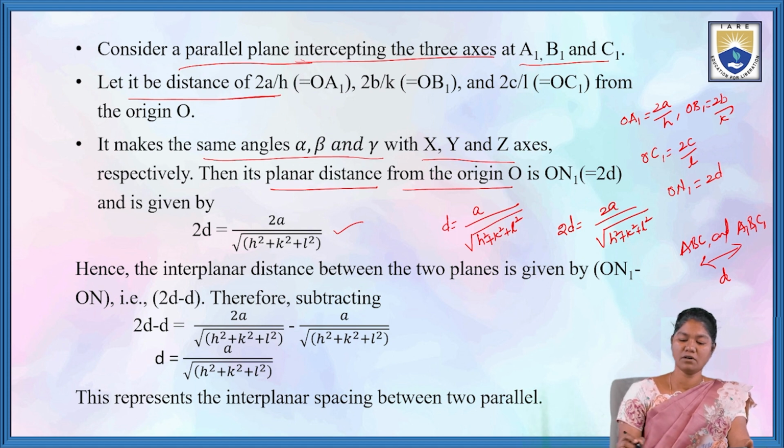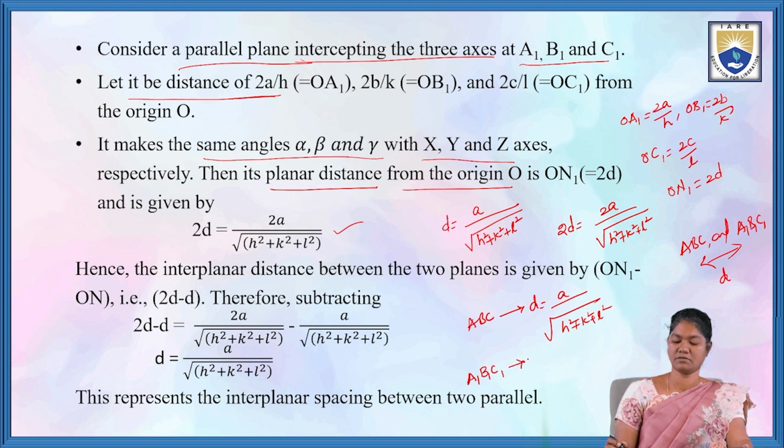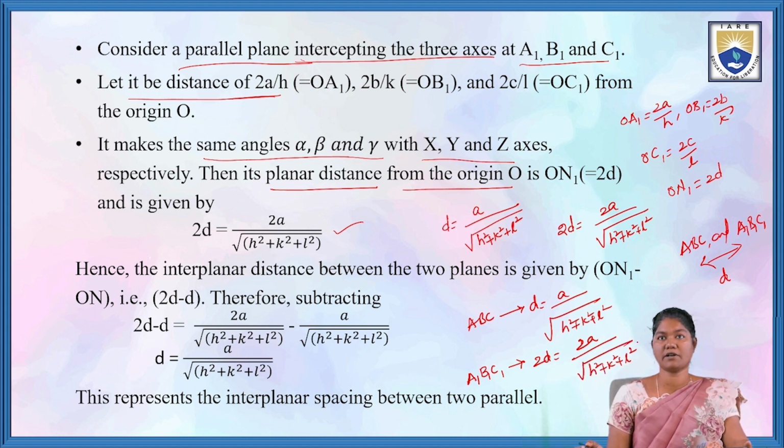So the distance between these two planes is D. From the ABC plane, we got the interplanar spacing from the origin, D is equal to a by root of h square plus k square plus l square. But for the second plane, parallel to the ABC, 2D is equal to 2a by root of h square plus k square plus l square.